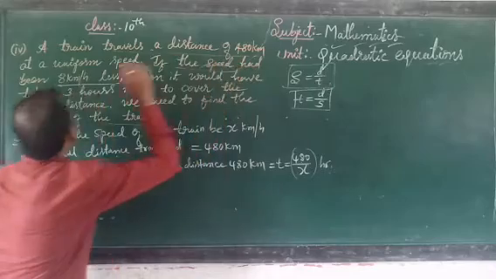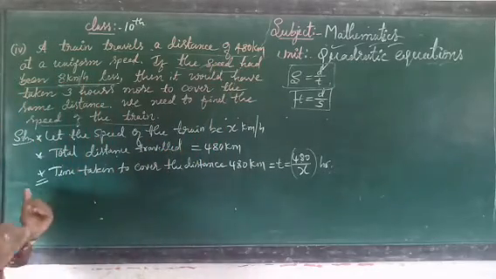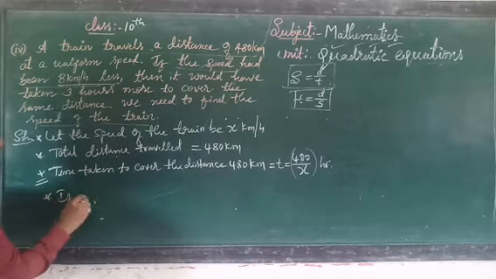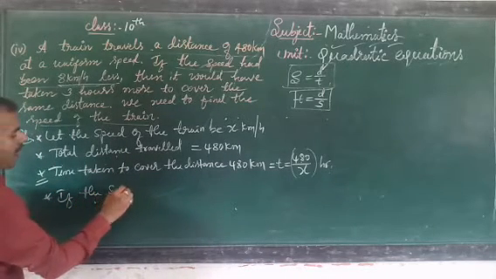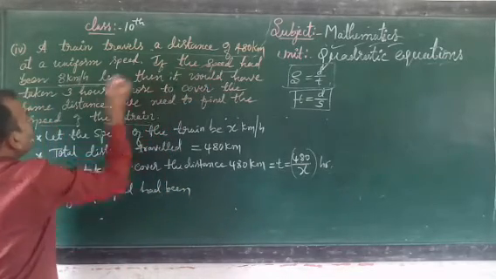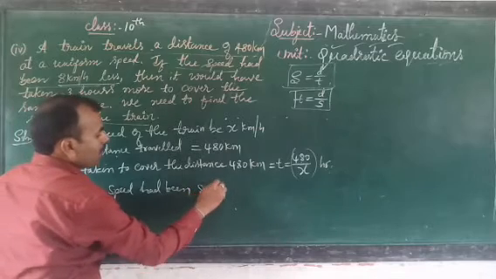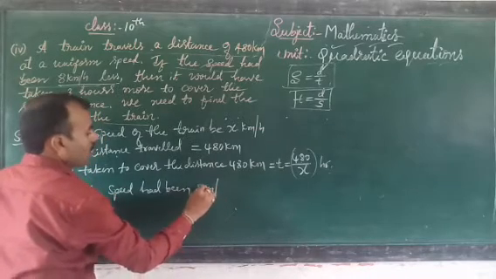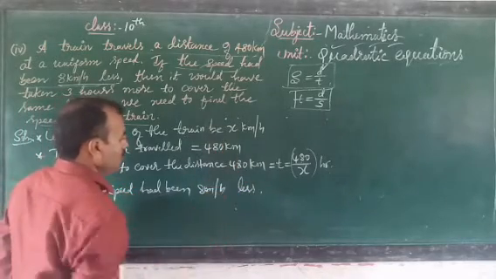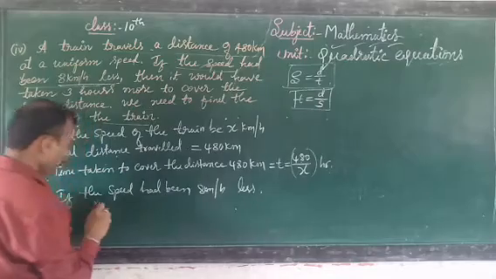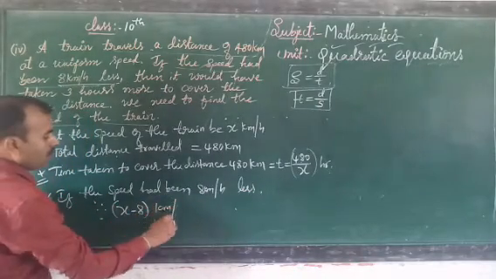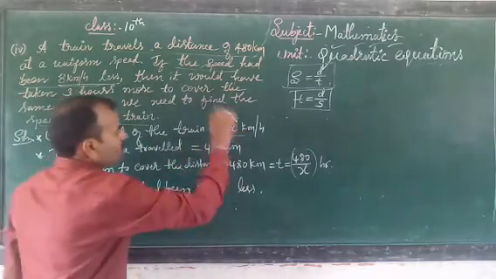If the speed had been 8 kilometer per hour less, write down. Therefore, it is x minus 8 kilometer per hour, because the initial speed is x.